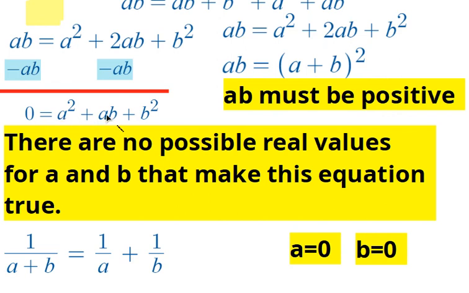So even though 0 would make this equation true, from the very beginning, A equals 0 and B equals 0 are both excluded values. And that's how we've done algebraic proof to show that there are no real values for A and B that solve this. So therefore, this cannot be a linear transform.